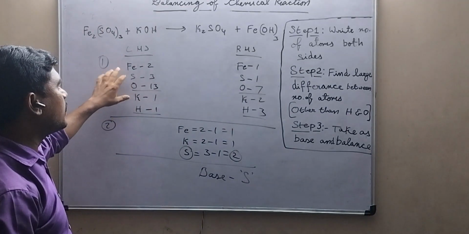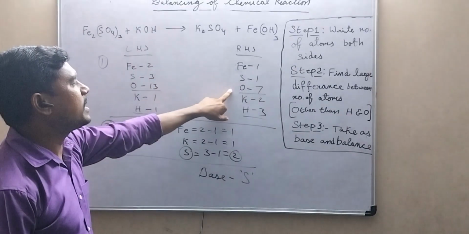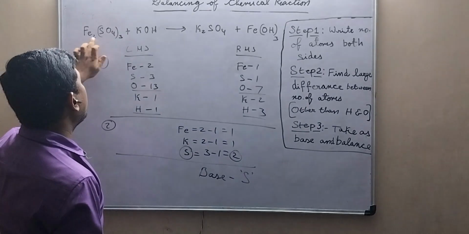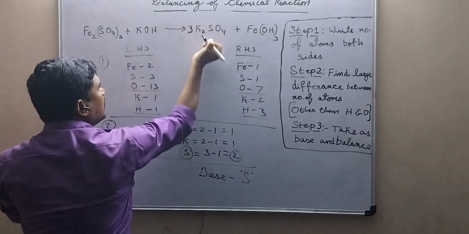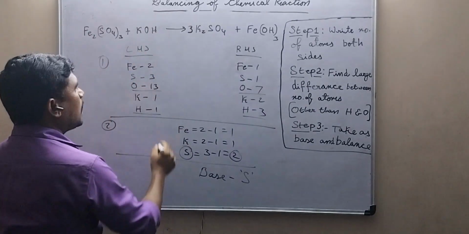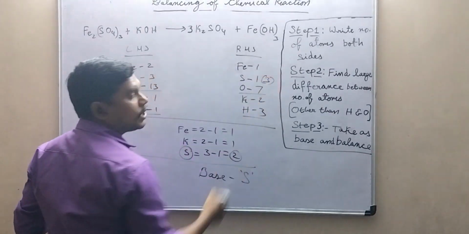How many sulfur on left hand side? 3 sulfur. On right hand side only 1 sulfur. So to balance it, I have to add 3 here. If I add 3, now the sulfurs are balanced, 3 on both sides.